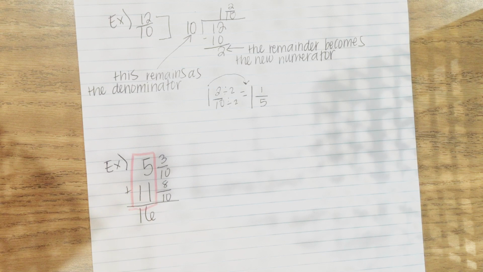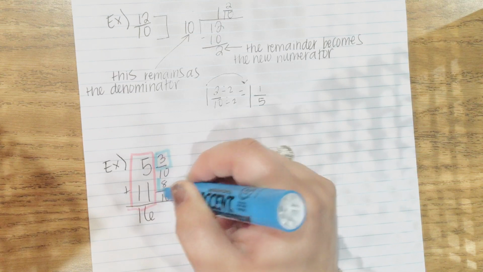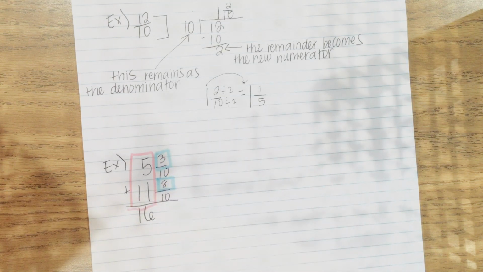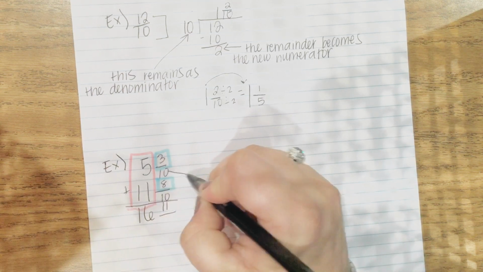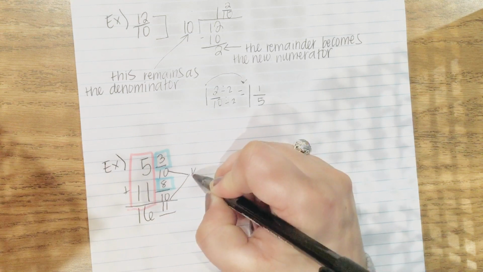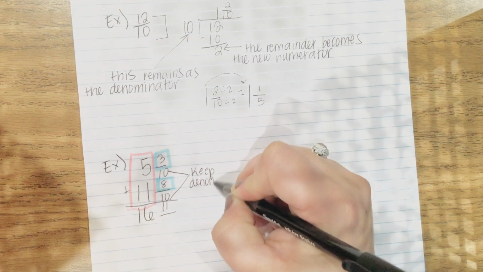And then what we're going to do is add our numerators together. 3 and 8, which we know 8 plus 3 is 11. We keep the denominator the same.